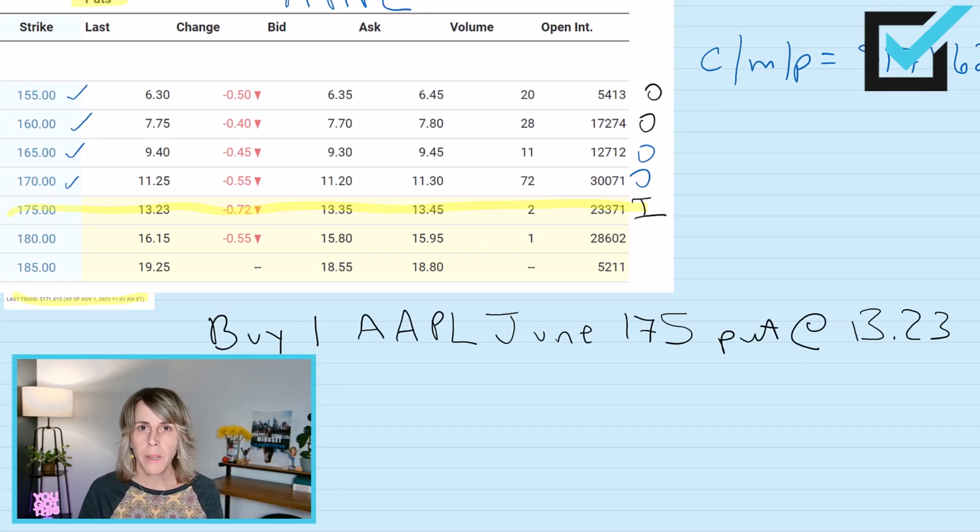So let's look at this options contract. We buy one Apple June 175 put at 13.23. 175 is the strike price. The current market price is 171.62. Does this contract have intrinsic value? Yes.